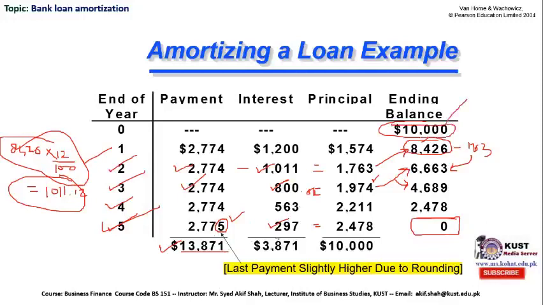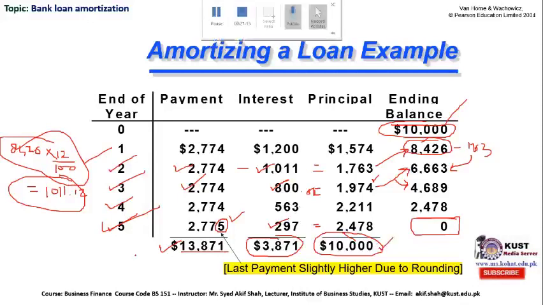So it means the amount of interest you have paid to the bank is 3,871, which is profit to the bank, and this was your actual or total amount of loan, principal amount of the loan you have paid back to the bank. This was all about how to amortize a loan under the given data.